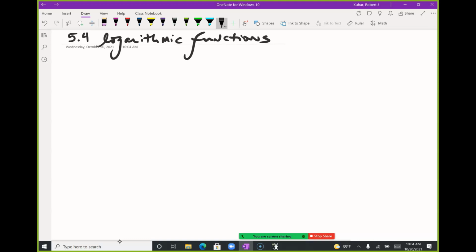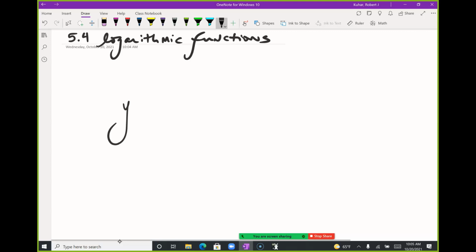Logarithmic functions. We already know, because I told you, that exponential functions have inverses called logarithmic functions, and vice versa. Log functions have inverses called exponential functions. So the first thing we want to do is think about the translation between them.